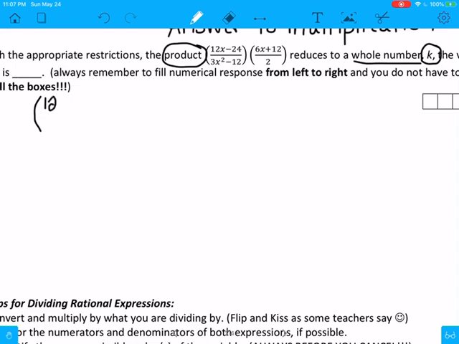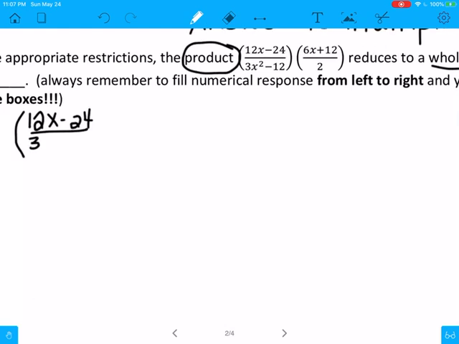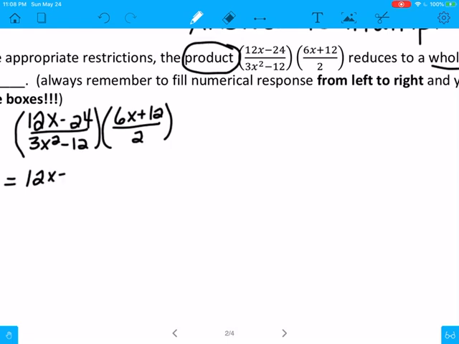So we have 12x minus 24 over 3x squared minus 12, in brackets, times 6x plus 12 over 2, in brackets. That's just the same as 12x minus 24 over 3x squared minus 12 dot 6x plus 12 over 2.